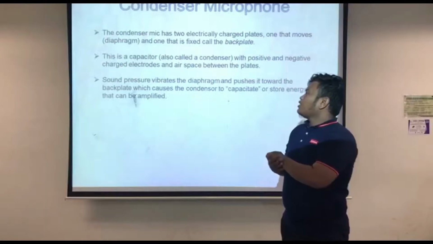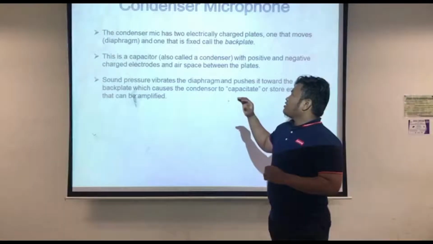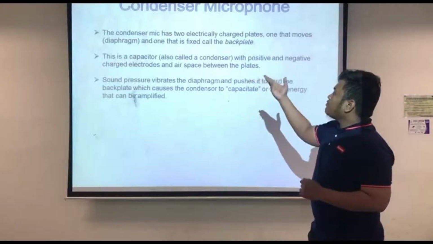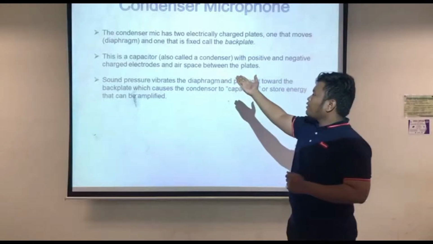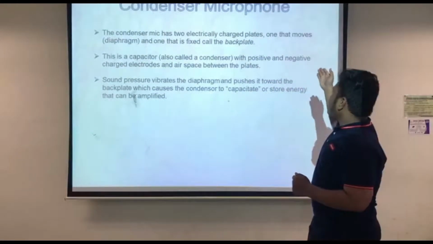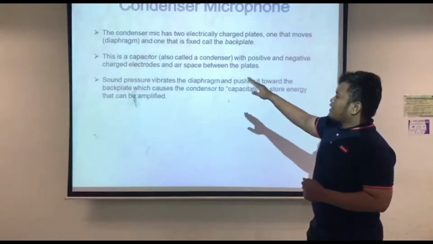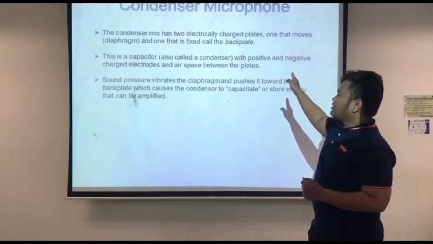Now we go to the third type of microphone, the condenser microphone. First, the condenser microphone has two electrically charged plates, one that moves, the diaphragm, and one that is fixed, called the backplate.